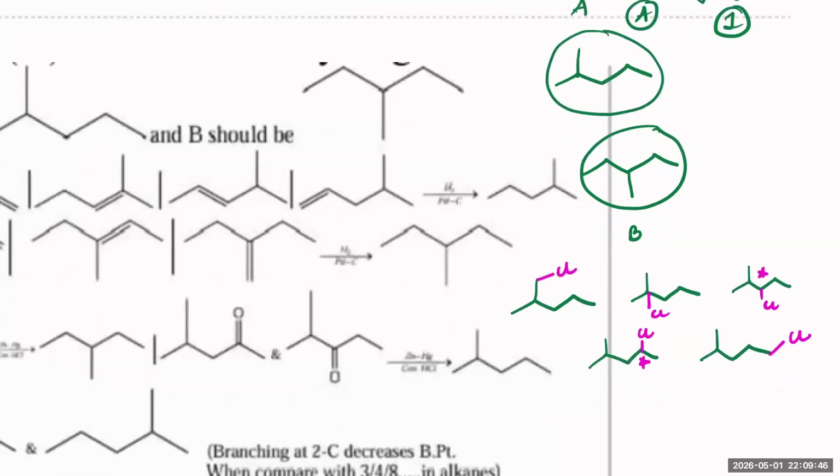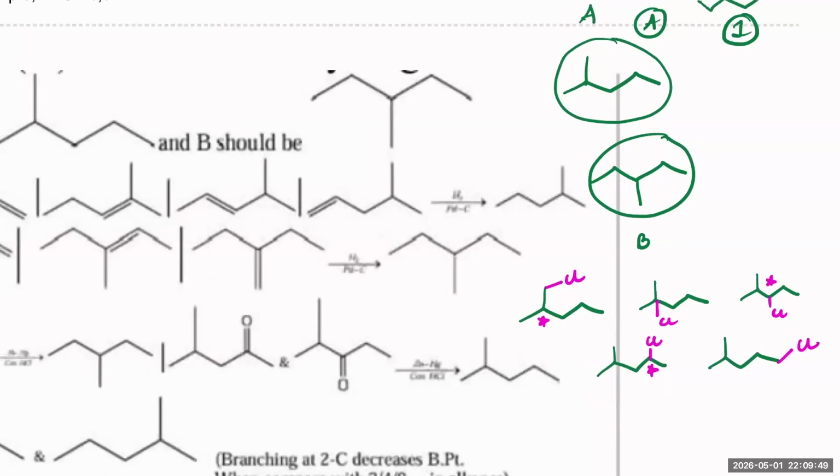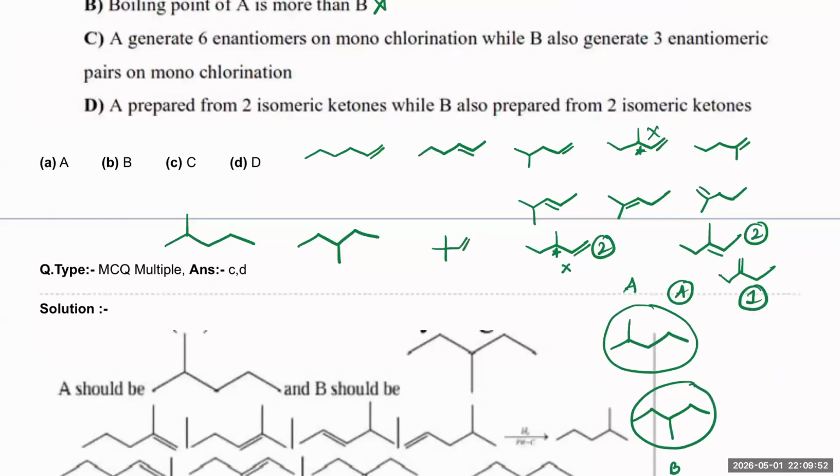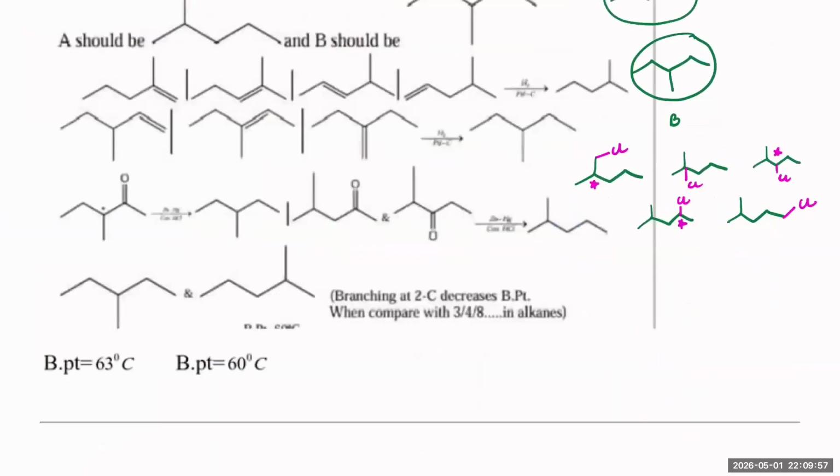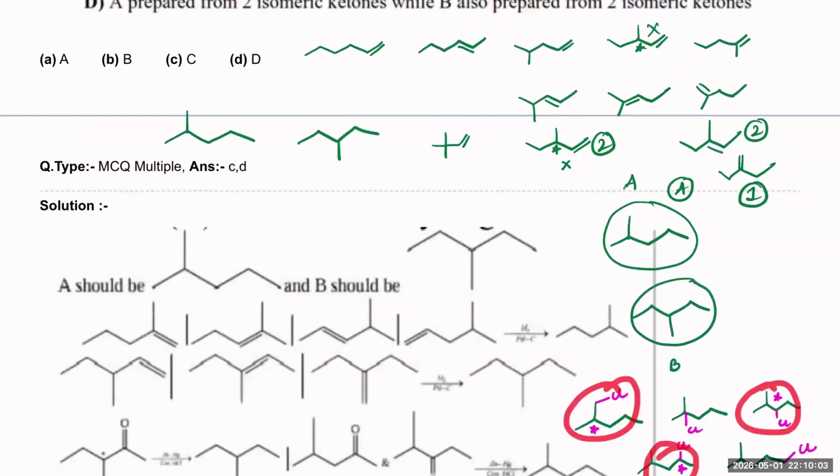How many chlorines can we get? One chlorine here, one here, one here, one here, and lastly one here. So you can see 1, 2, 3, 4, 5, 6. Out of that, this is a chiral center and this is a chiral center. Sorry, this is also a chiral center, but I think it's saying A generates 6 enantiomers on monochlorination. So you can see 2 here, and 2 here. So that is correct. So C is correct.